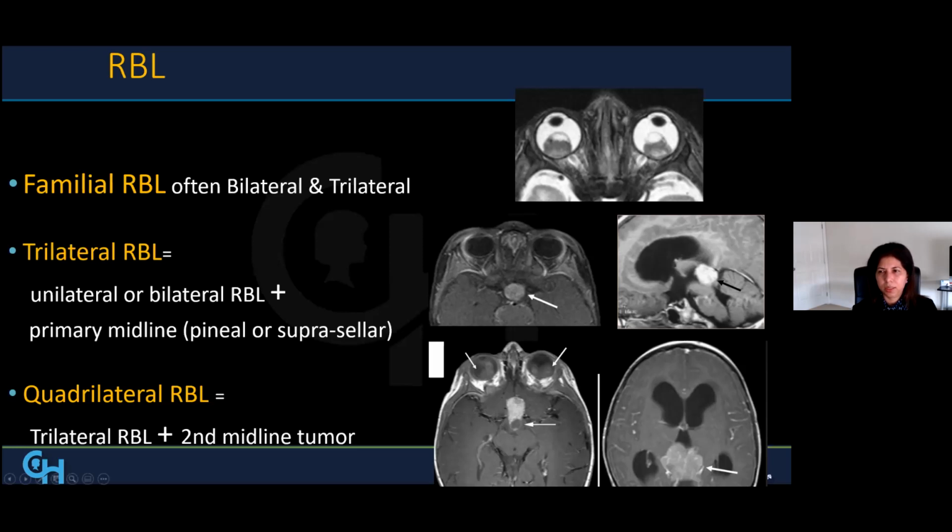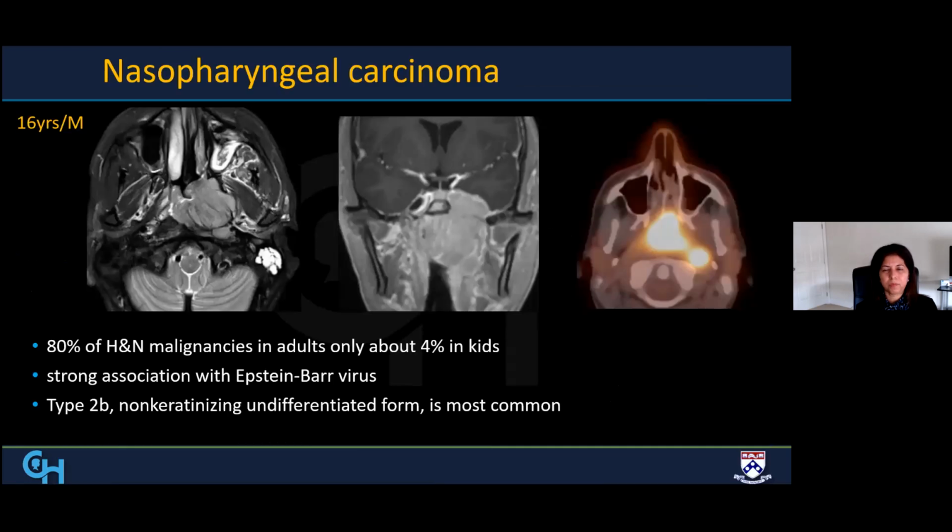You're seeing here examples of just the trilateral. In this case, they had just the pineal mass. This was suprasellar, and there can be combinations where you have both the pineal and the suprasellar. Pretty rare ones, but I think we did have a couple of cases that I can remember over the last 10 years that I have been at CHOP.